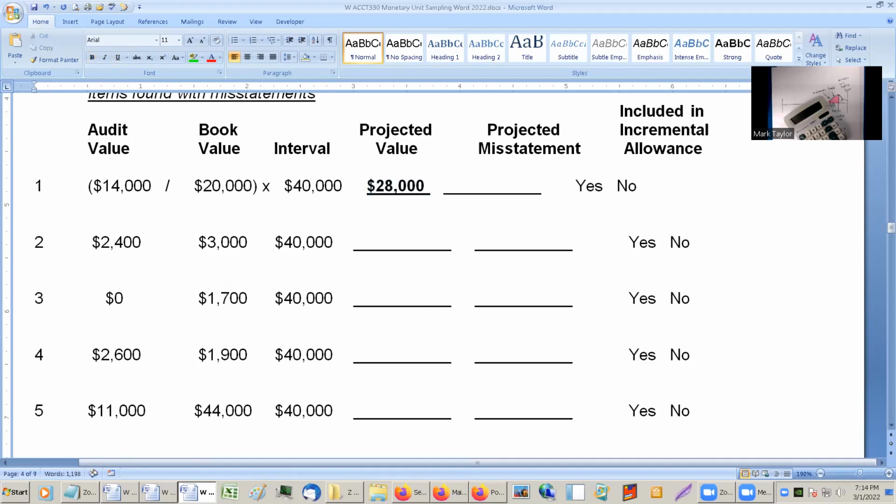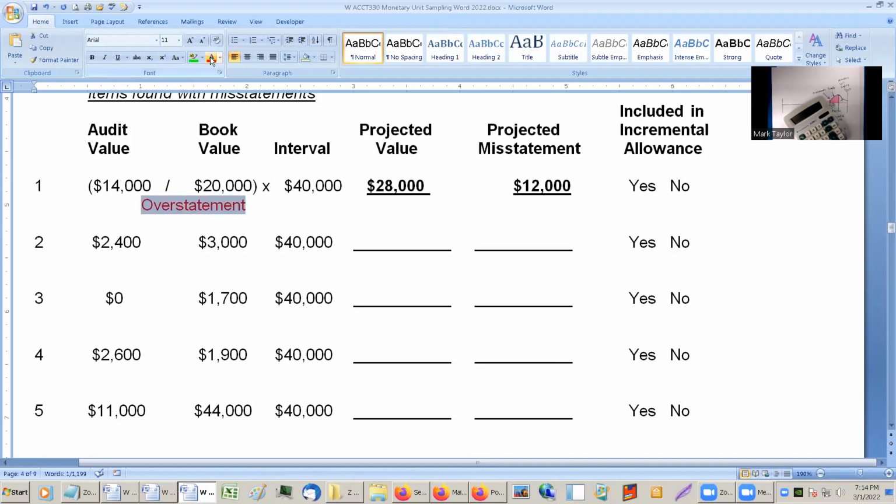Projected misstatement is 12,000. And notice that this is an overstatement. Right? The audit value is 14,000, they're saying it's 20,000, so this is an overstatement.